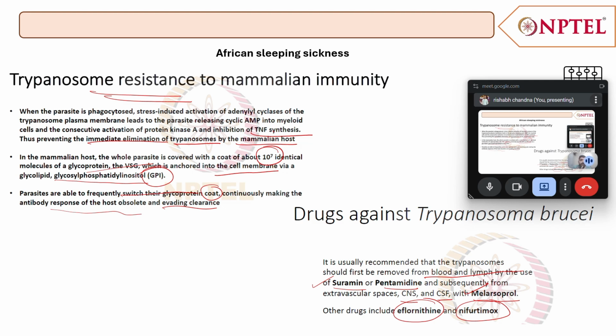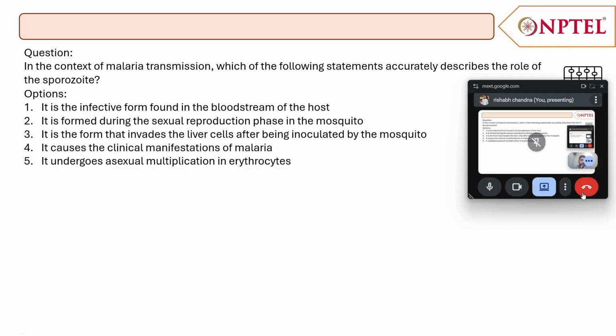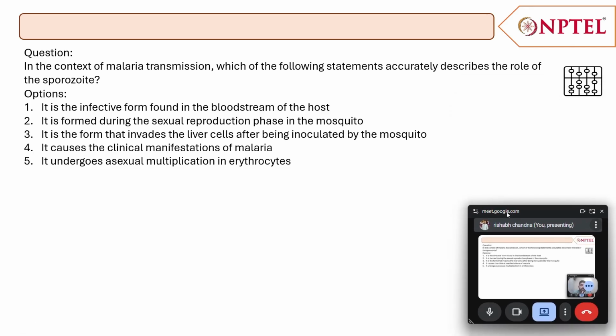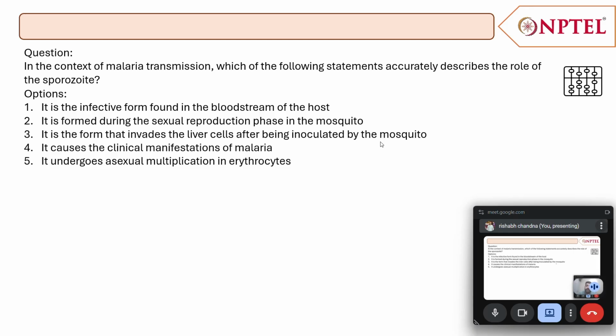Okay, so moving on to some of the questions that can be asked in such cases. In the context of malarial transmission, which of the following statements accurately describe the role of the sporozoite? So, what can be the correct answer?